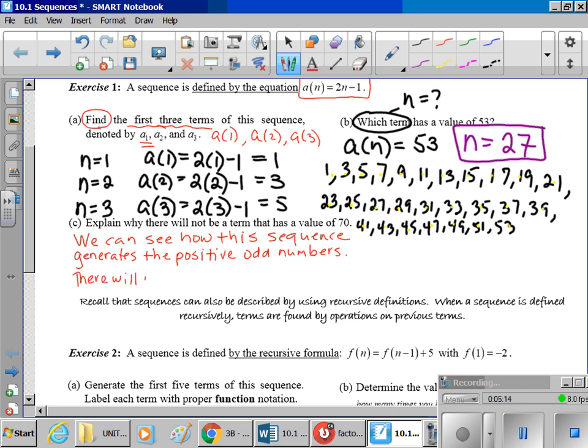There will not be a domain member. I'm just going to put natural numbers or counting numbers that will generate an even.